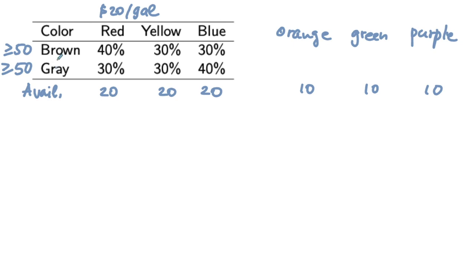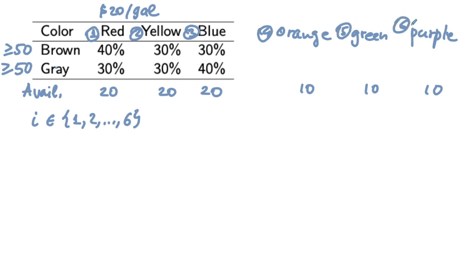If we denote by i the index that we'll use for the available paints, this i will belong to 1, 2, to 6. So let's number all the paints that we have by 1 through 6. 1 will be red, 2 will be yellow, 3 blue, then 4 is orange, 5 is green, and 6 is purple.